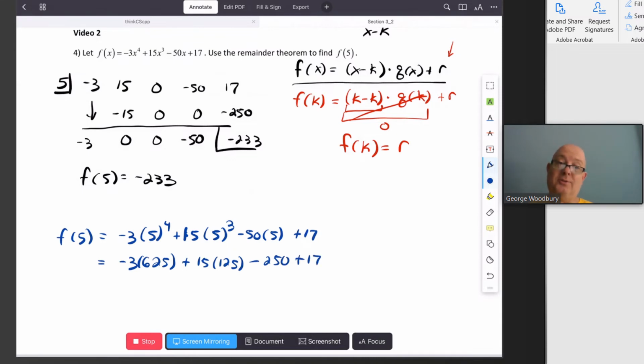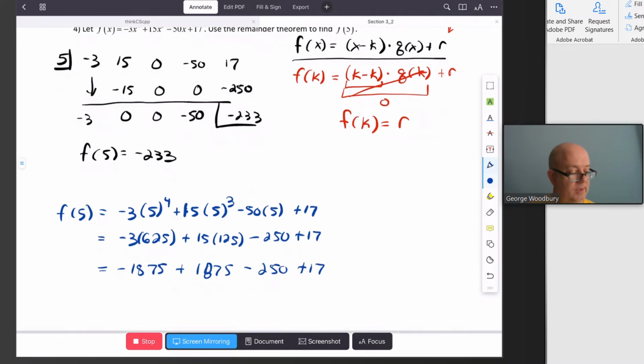-3 times 625 is -1,875. 15 times 125 is 1,875 minus 250 plus 17.